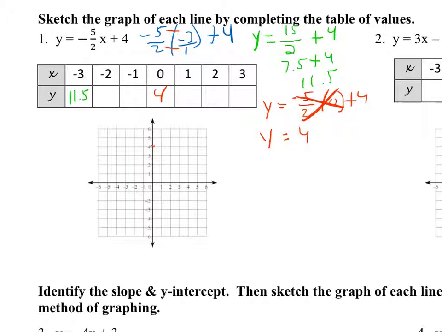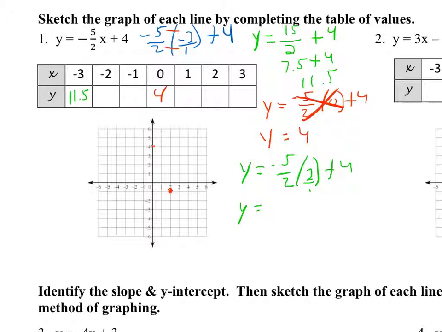So I'm just going to go through the graph here and graph it with slope-intercept to give you the idea where it would be. And we'd be down 5 to the right 2. So just to check that out, if I plug in a 2, I'd get y equals -5/2 times 2 plus 4.